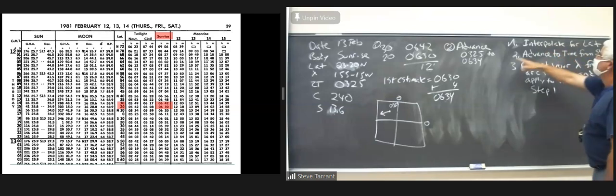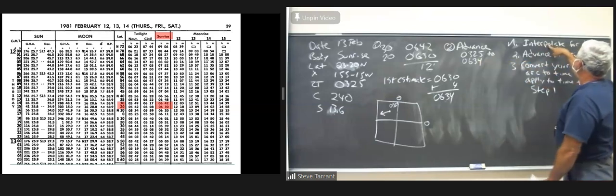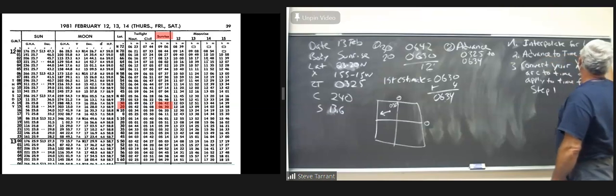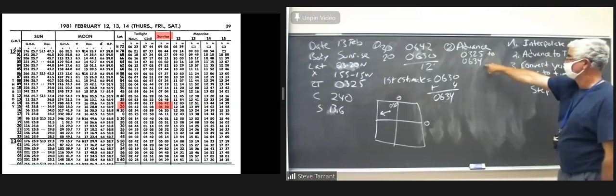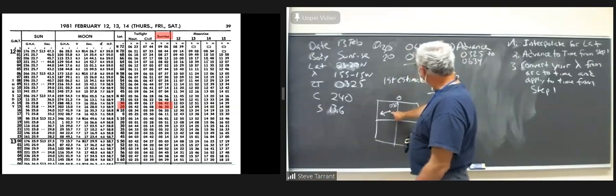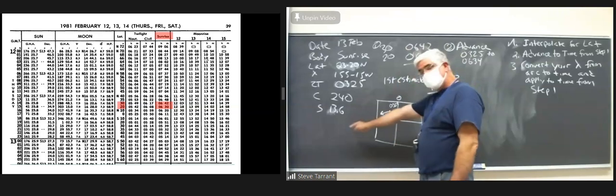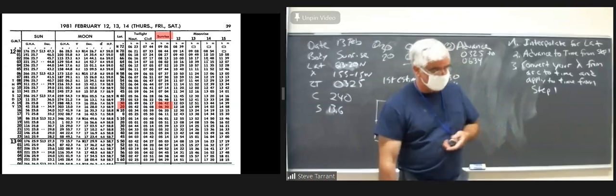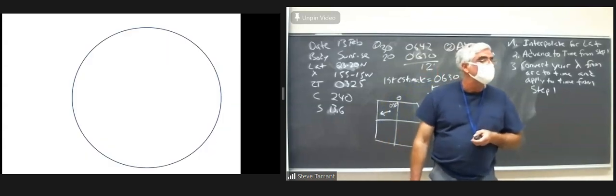Okay? 0634 was the time from 1. Now I'm going to advance to the time from 1. So on your plotting sheet, you just bust it out. You plot your 0325 position, and then you run your DR out. So I'm going to show you a little picture of that now.